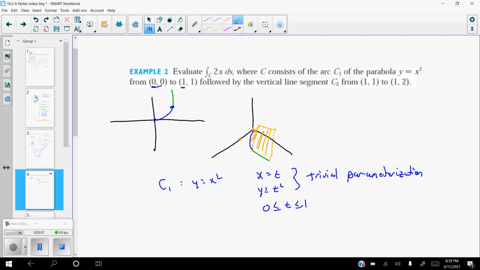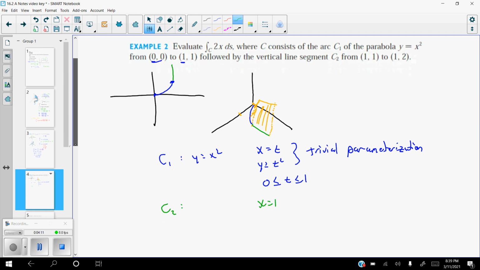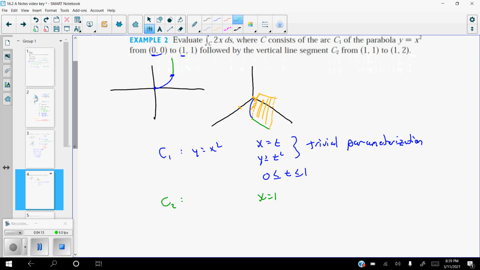However, the next piece is linear. That's the part where basically the function is x equals 1. And because it's linear, now we have to think about this. How do we write the equation of a line in parametric form? Well, x is always 1. y starts at 1, and then it increases by 1 over this interval.